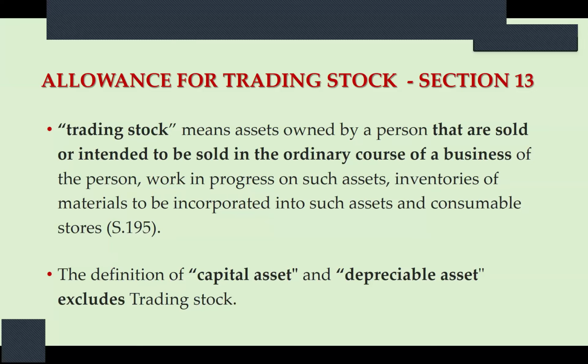So we call it trading stock. We can purchase some stocks to be sold. We can manufacture some goods to be sold. So both are trading stock. So now we are going to give allowance for trading stock as a deduction under section 13.